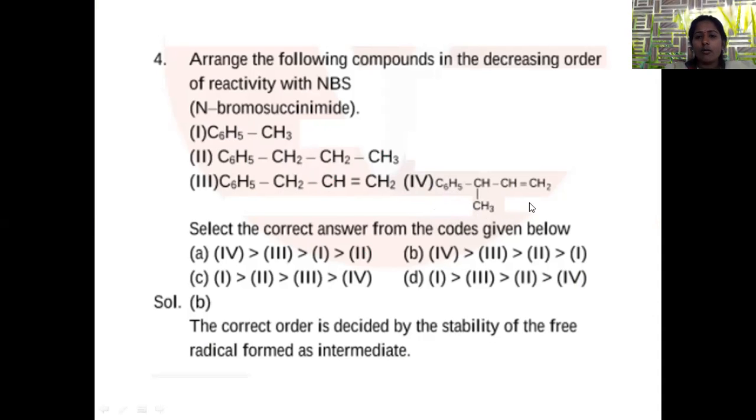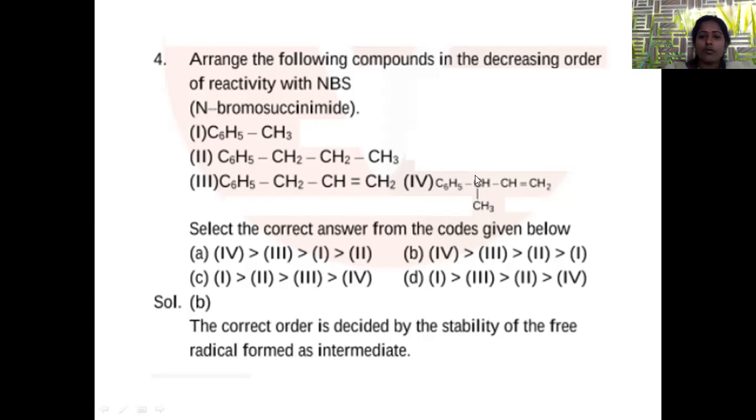Among all the given compounds, the fourth has a carbon-carbon double bond adjacent, which is called the allylic position. This allylic carbon atom is surrounded by three alkyl groups, hence it is a tertiary carbon. If the free radical is generated on this carbon, it will be more stable because a tertiary carbon radical is more stable. So this will be preferred over all the remaining ones.